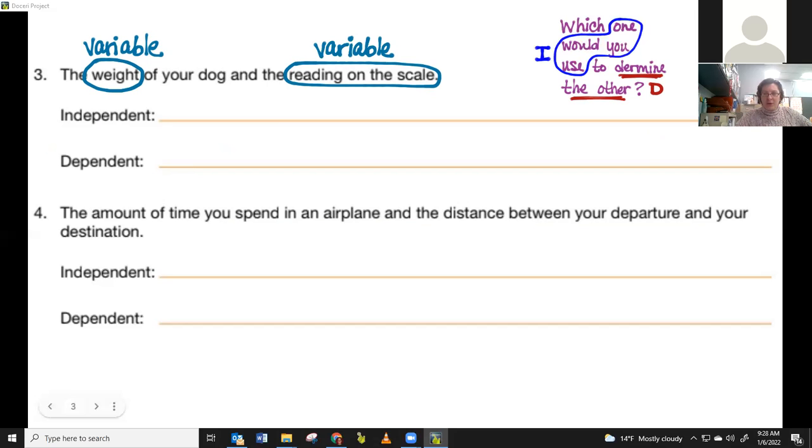I'm going to relaunch this poll. All right, take a vote. Is the weight the independent or the dependent? Does the dog's weight determine what the scale says? Or does the scale determine how much the dog weighs? Close to halfway.